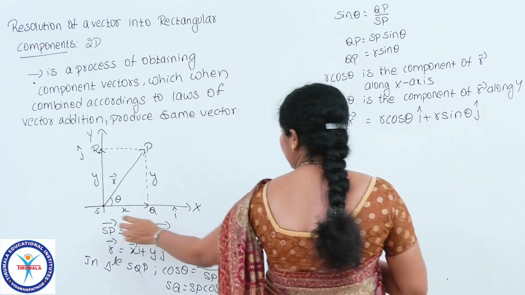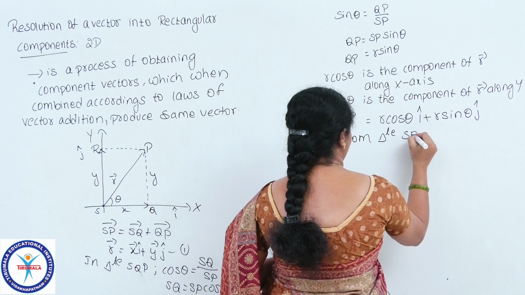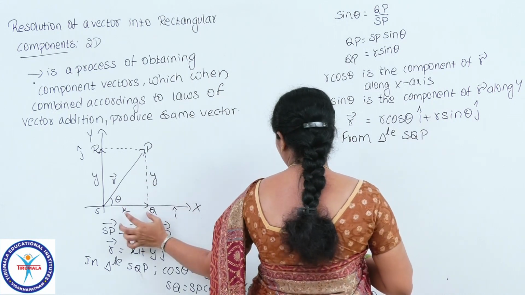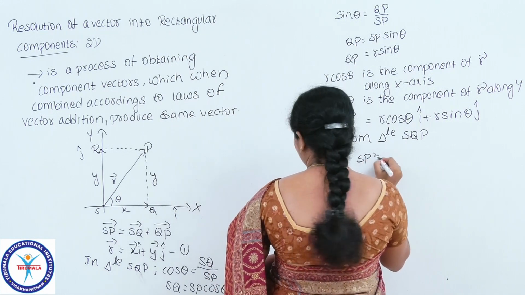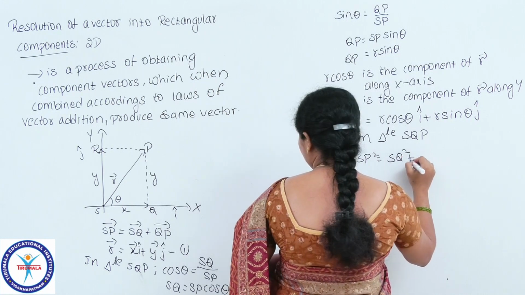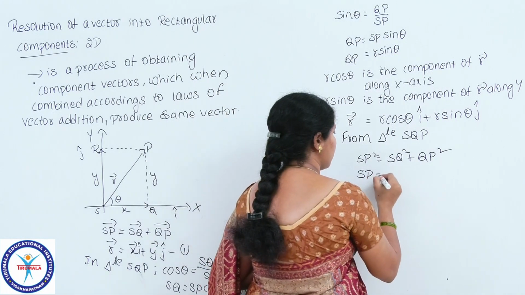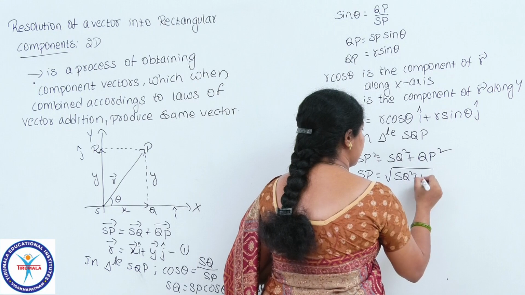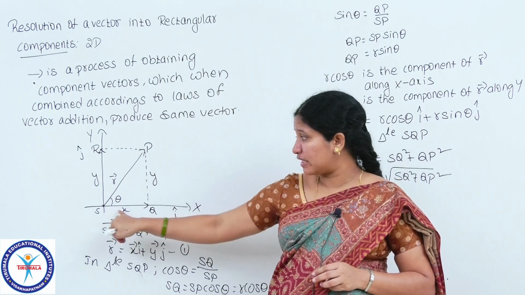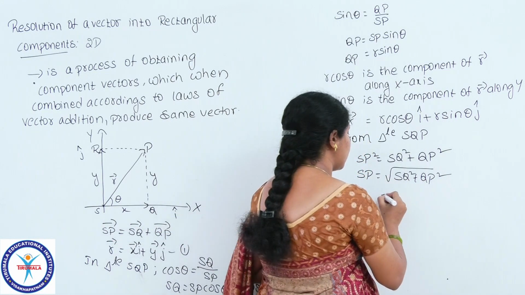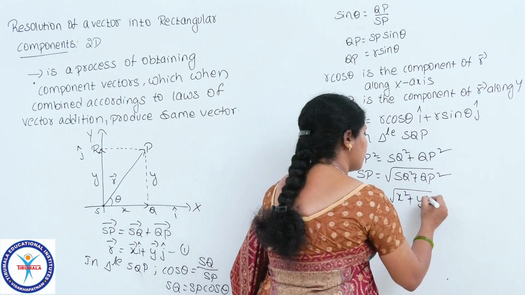So, from the triangle SQP, we can write hypotenuse square equal to side square plus side square. So, SP square is equal to SQ square plus QP square. So, SP will be equal to square root of SQ square plus QP square. And the value of SQ we have considered, that is magnitude is x, so x square, plus magnitude of QP is y, so y square.